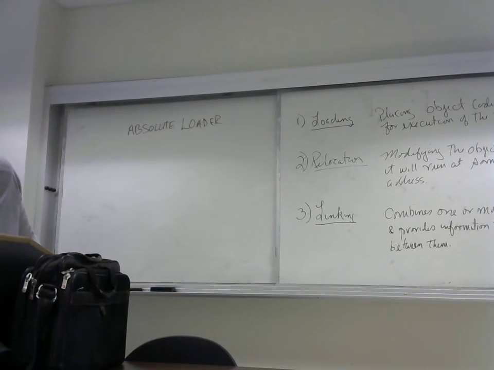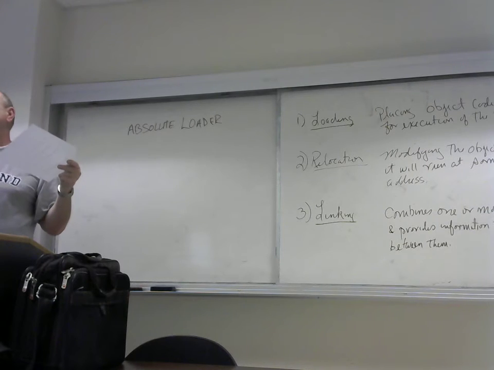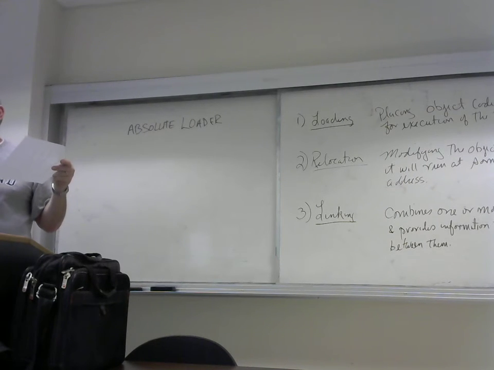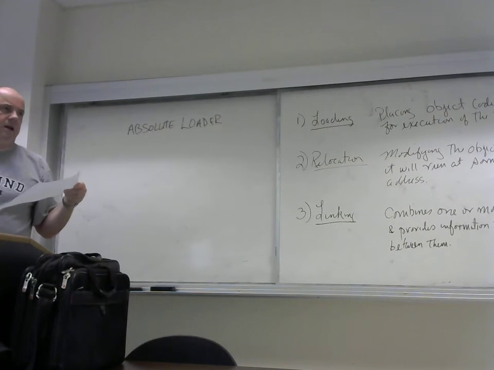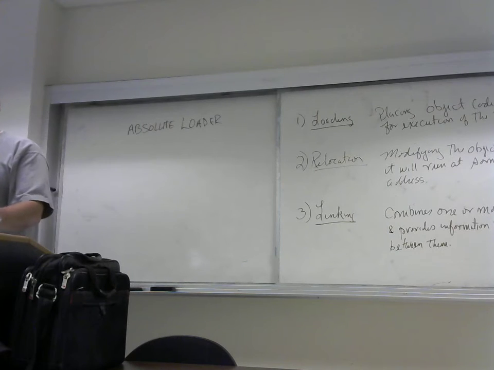So when you hit this instruction, reserve word 100, what goes in memory? Nothing. What's the effect of that instruction? Reserve word 100. The effect of this is you have to start a new text record with an address moved down by 300 bytes. That's what the effect of it is. Okay.